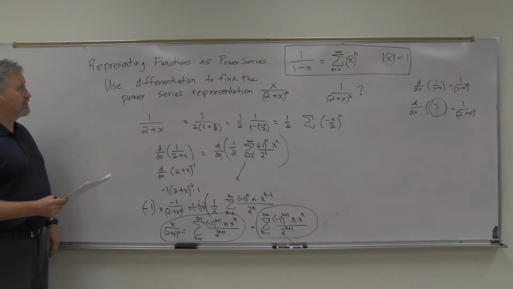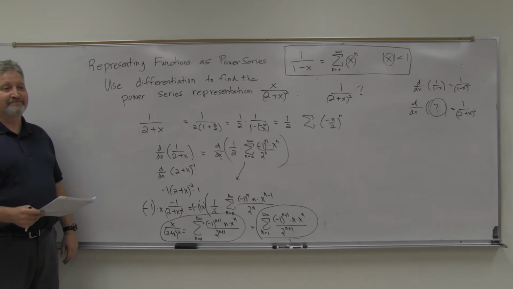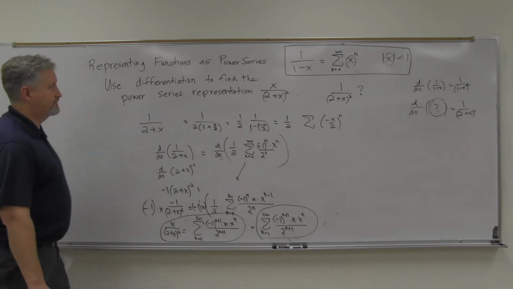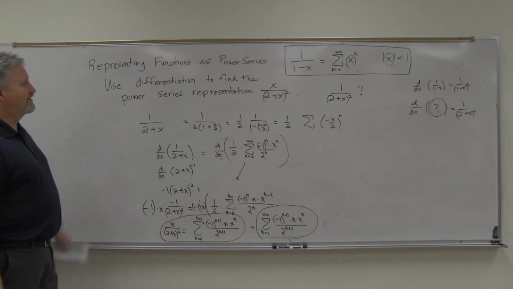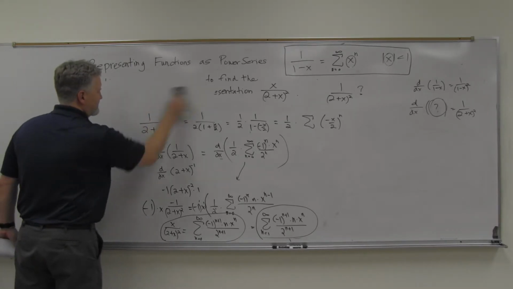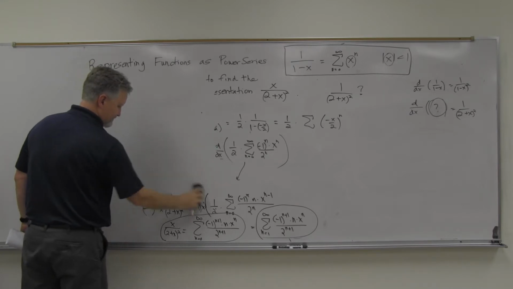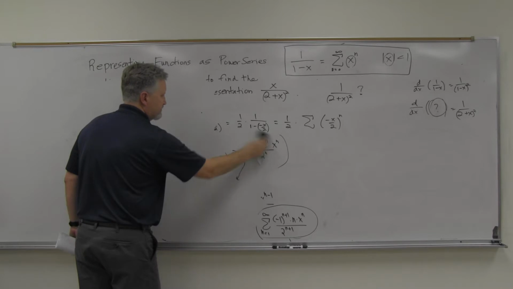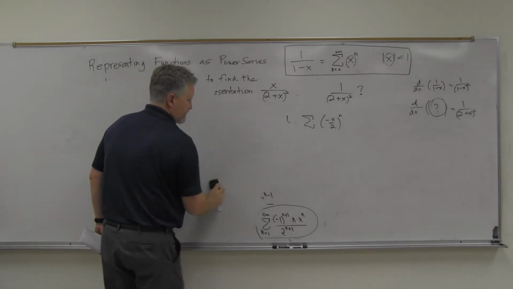All right, let's do integration. Let's use integration. So this gives us a few other functions that we can get. The integration gets a nice one too. It's actually one, I believe, that's used in the next section.